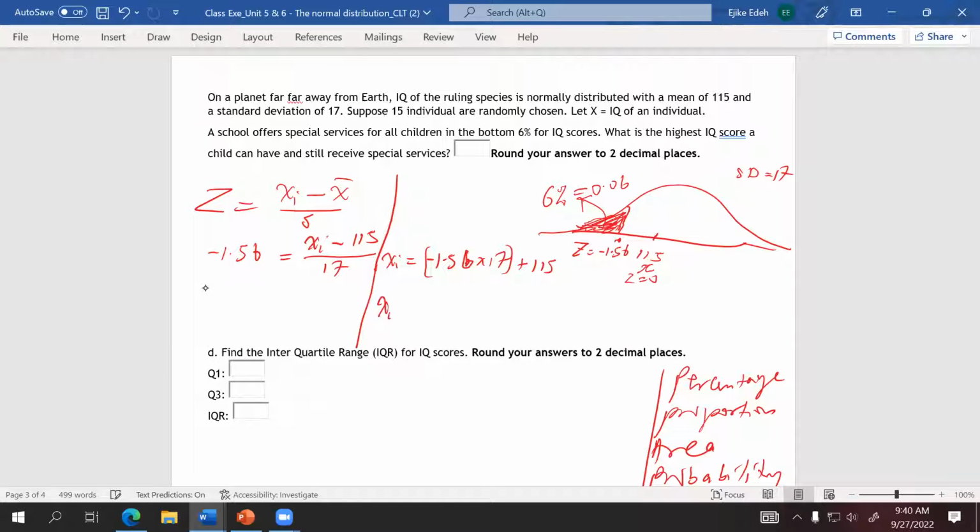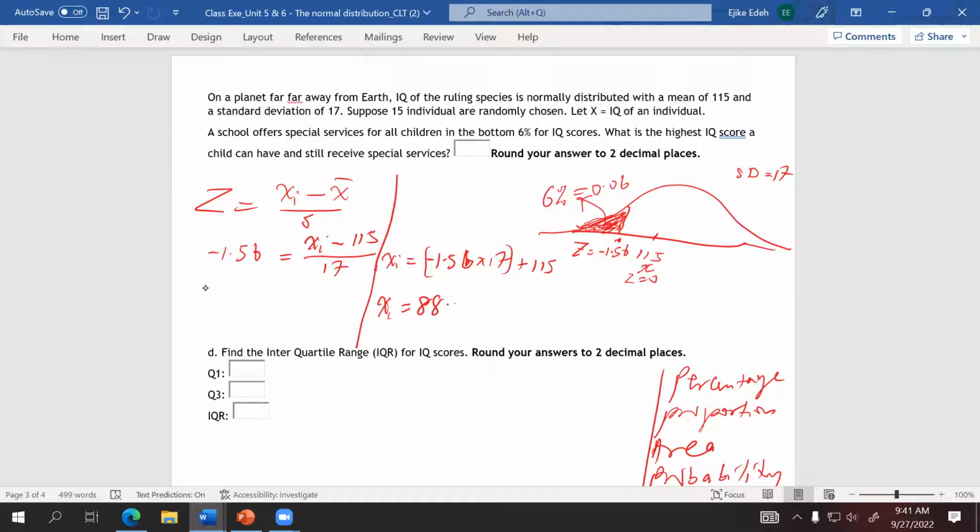Can you help us with the calculator to do this? Negative 1.56 times 17 plus 115. 88.48. Yes. Okay, thank you.